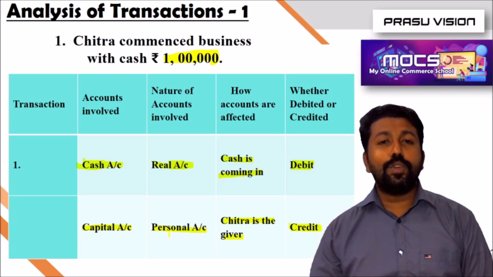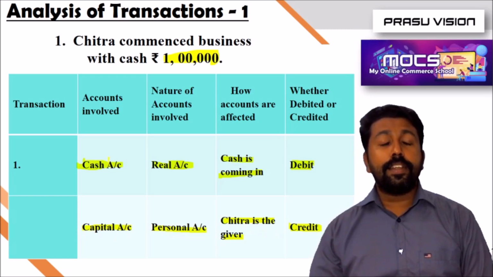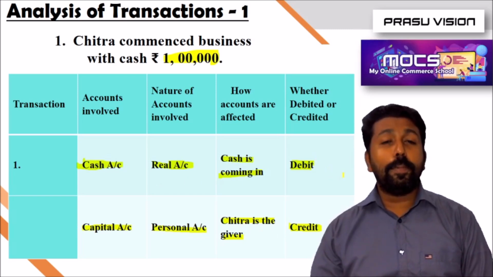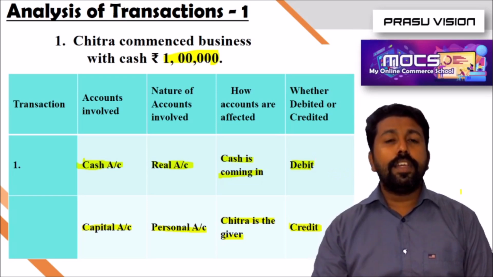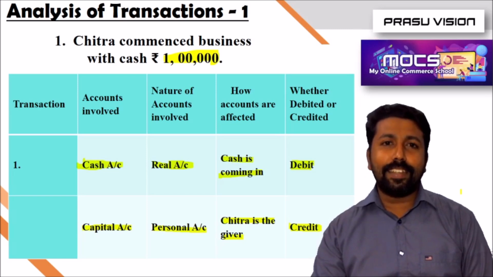What is the personal account rule? When it is giving, credit the giver. So capital is credited because we credit the giver. And cash is coming into the organization: debit what comes in. I hope it is very clear. Remember, in this way we have to analyze all the transactions.